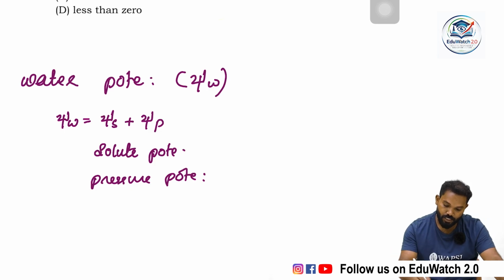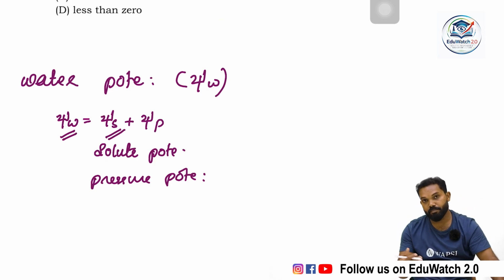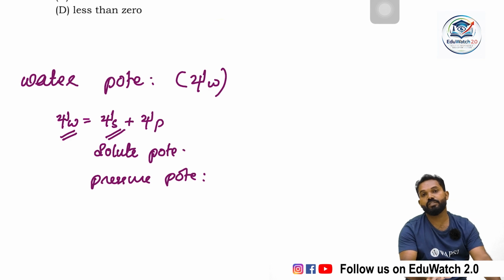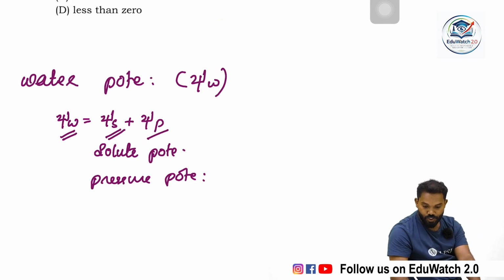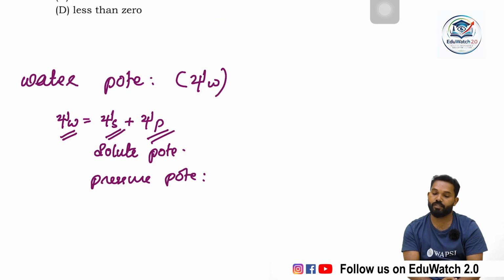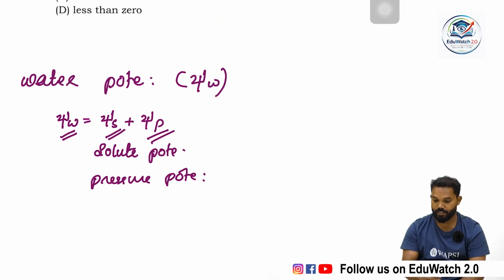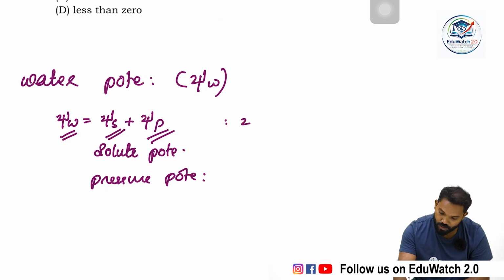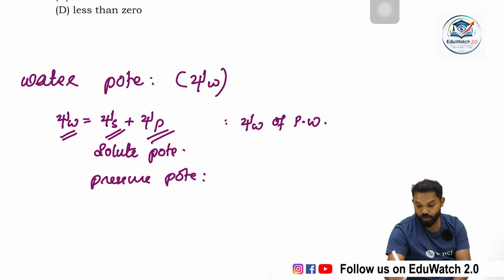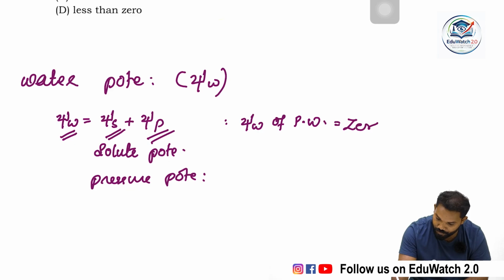Here the water potential is the ability of water. Solute potential is the ability of the solute to change the water potential. Pressure potential is the ability of pressure to change water potential. So the sum of the solute potential and pressure potential is water potential. Water potential of pure water under normal temperature and normal atmospheric pressure is 0.